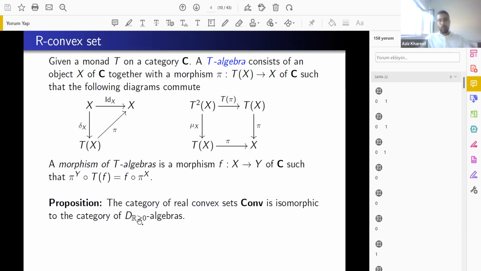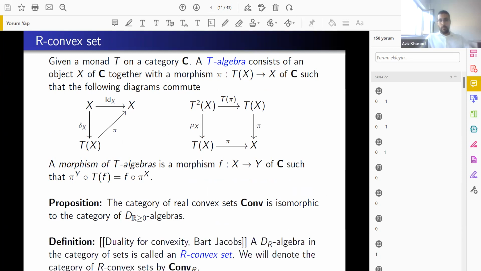So from this point of view, one can define an R-convex set, for any commutative semi-ring, to be a D_R-algebra, with this distribution monad as defined in the paper of Jacobs, Duality for Convexity.